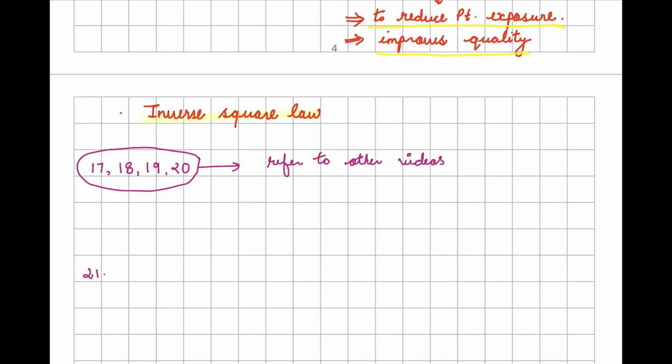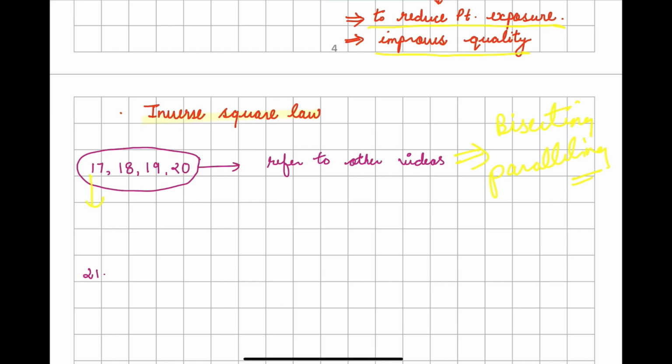Now for questions 17, 18 and 19, please refer to the other video, where I have made a separate video on bisecting angle technique and paralleling angle technique. So you can just refer to that video. Let me just tell you what the questions are.